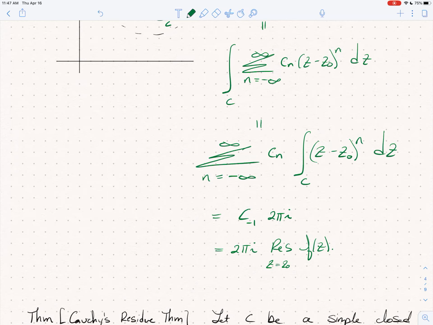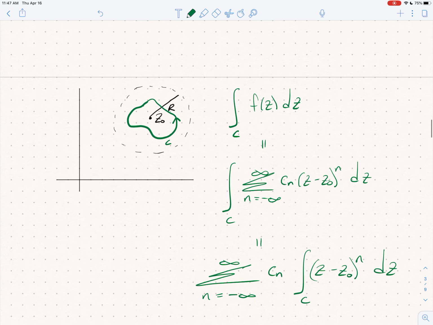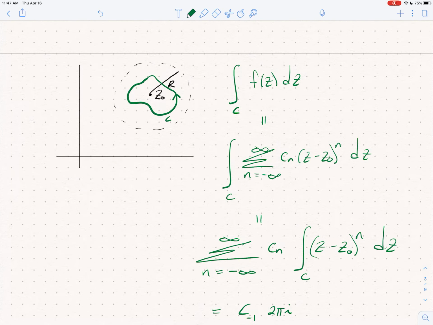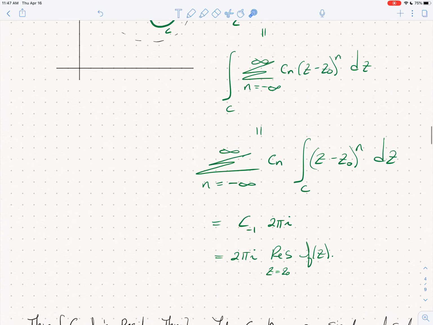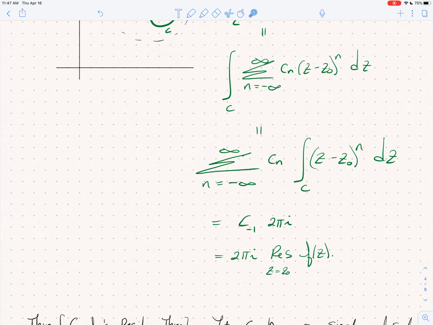Now that's remarkable. So here we go. If you want to integrate a function on a closed curve living inside your deleted neighborhood of z₀, then the integral is just 2πi times the residue of f(z) at z₀.